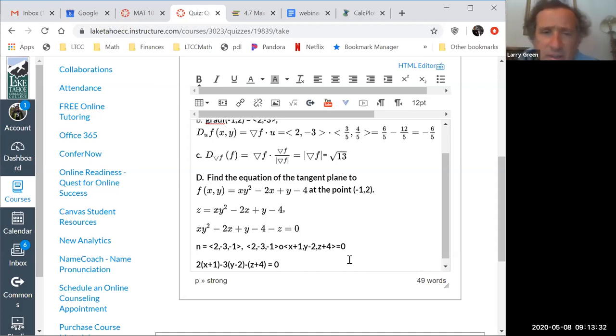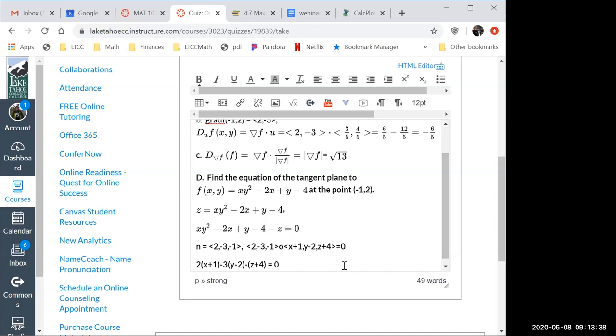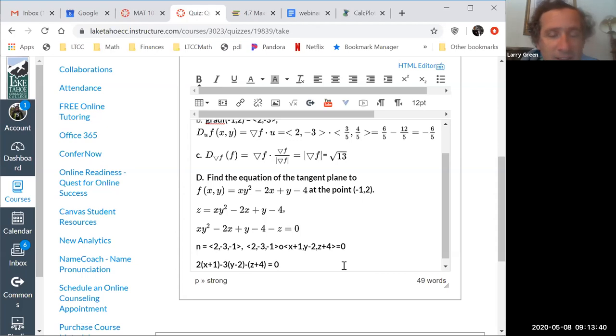Does that answer your question completely? Yes, it does. Okay, yeah, so it was a good question because I didn't do an example, and I'm really glad I was able to show you an example because it is an important thing to know, especially for next quarter. It happens in a big way. Okay, so there's our tangent plane using the gradient.